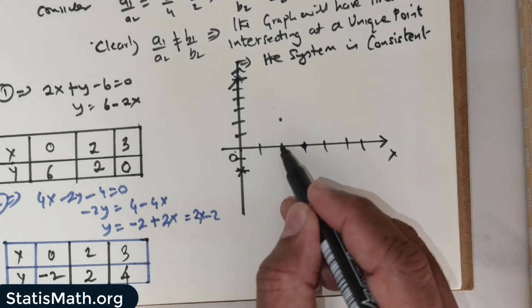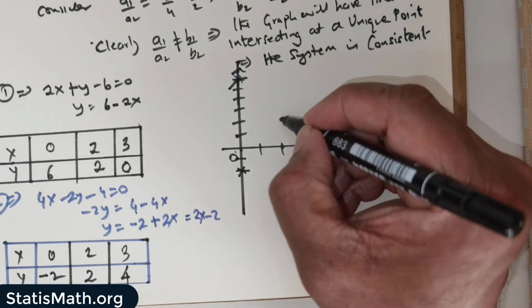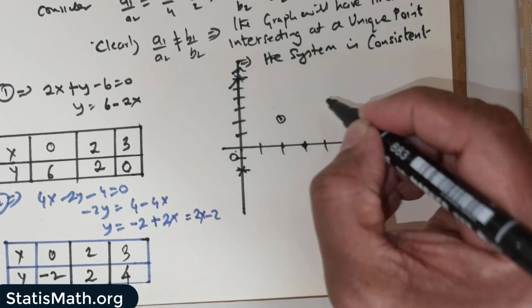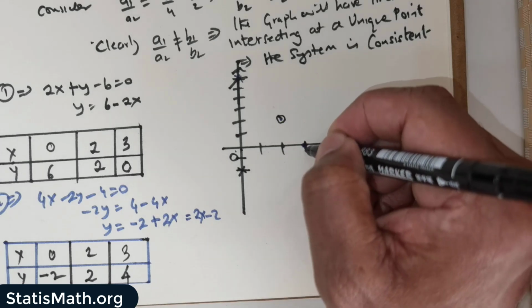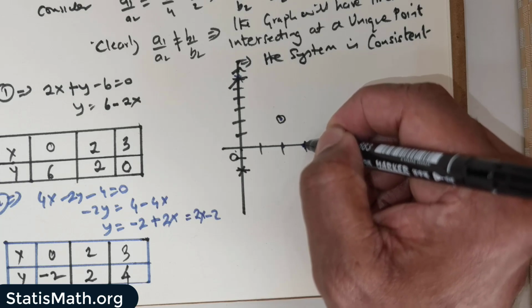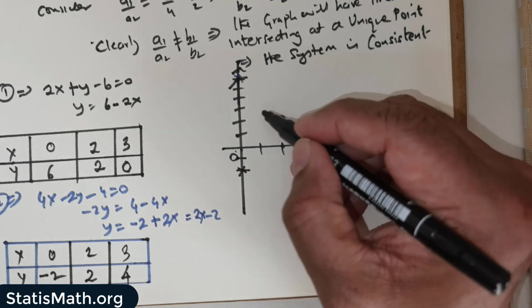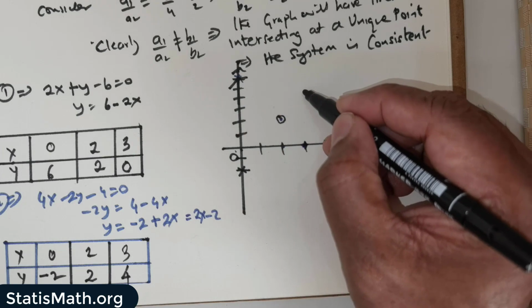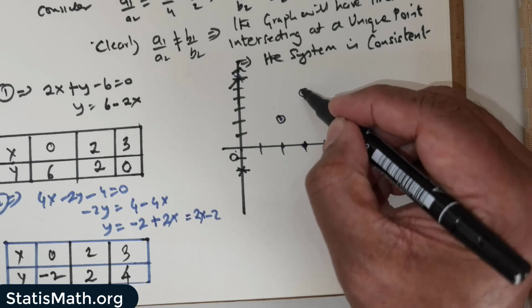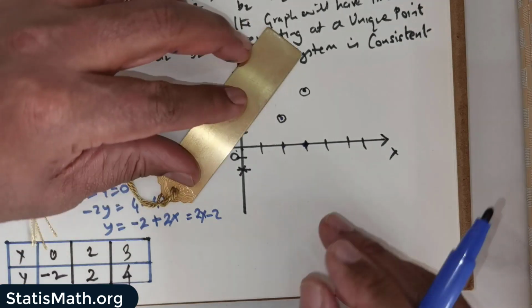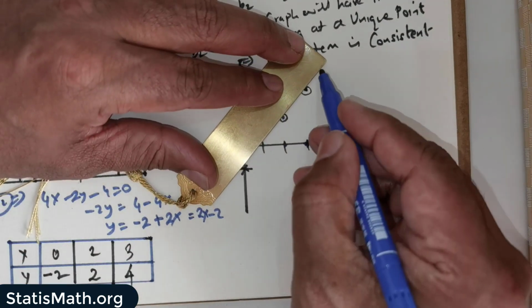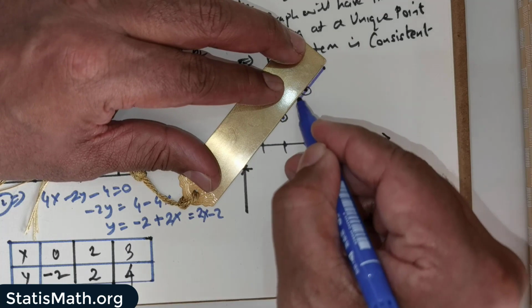And 2 and 2, there is a hit there. And 3 and 4, 1, 2, 3, 4. There is a hit here. So if I were to draw the point, let me draw this set of points.